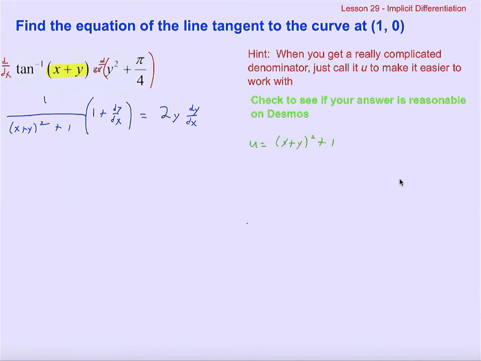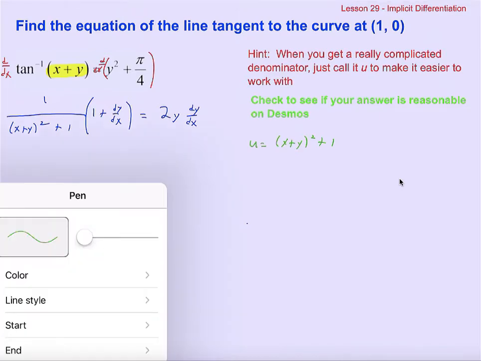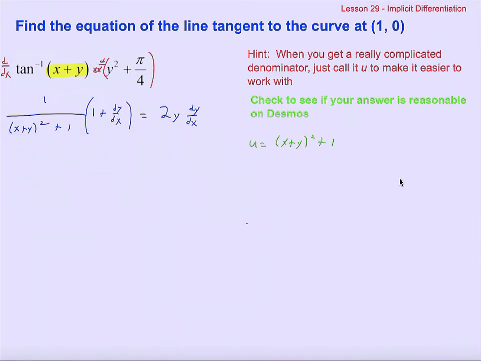We'll call that u, which means that we can refer to this whole thing as 1 plus dy dx divided by u equals 2y dy dx. Now, u is certainly more complicated, and later on we might have to substitute the whole thing back in, but it's definitely easier to work with if we just call it u.